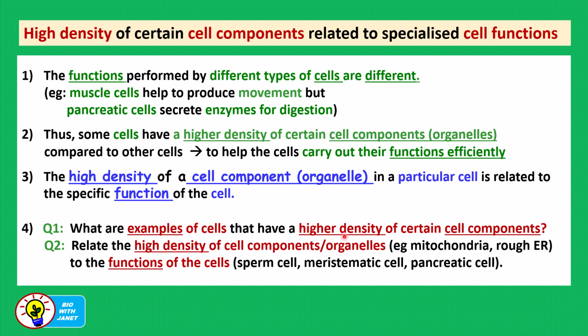What are examples of cells with a higher density of these cellular components or organelles compared to other cells? Secondly, relate the high density of these organelles to the functions of the specific cells. We can explain the functions of the cells and relate it to the reason why there is a high density of a particular organelle.